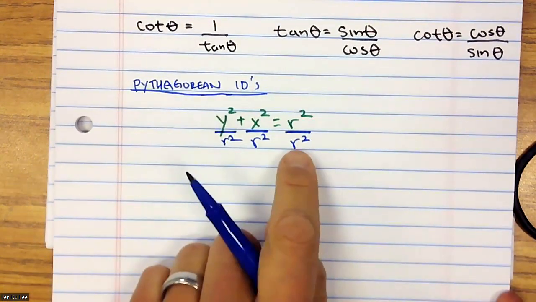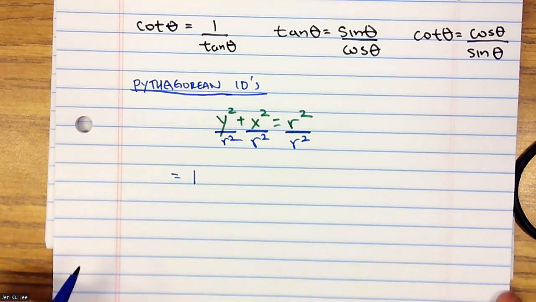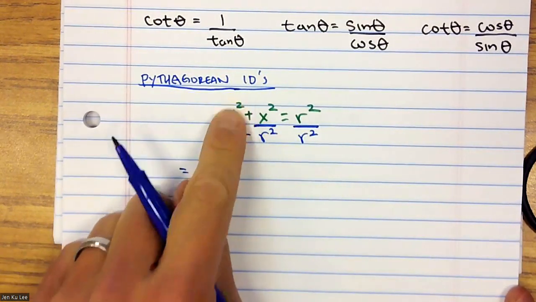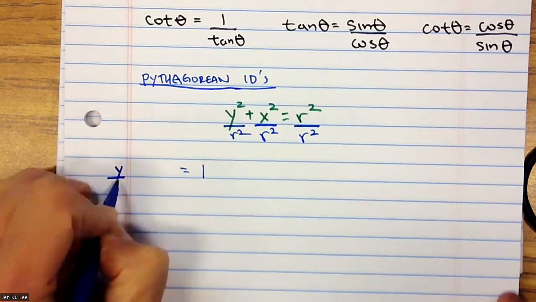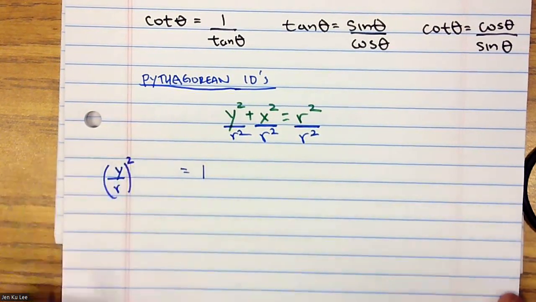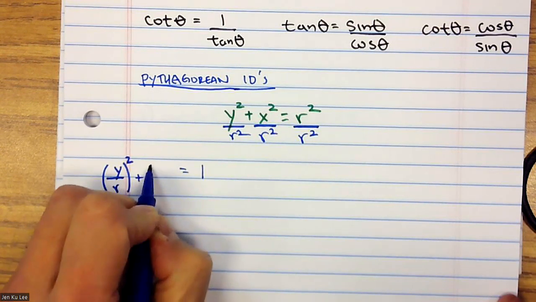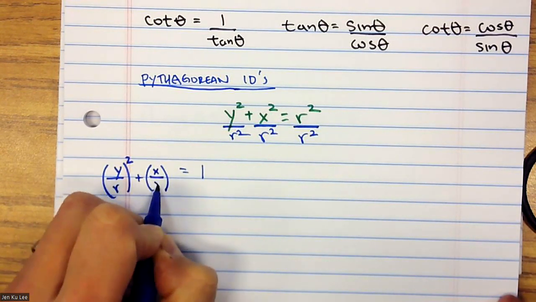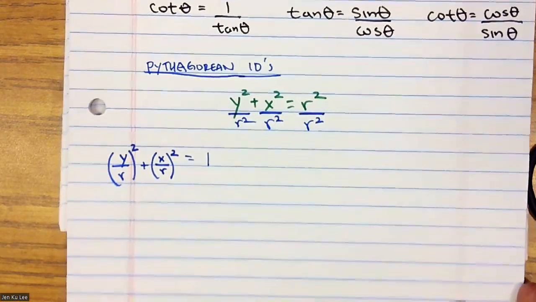If I divide r squared by r squared, that equals 1, correct? Y squared over r squared, I can rewrite as y over r quantity squared. Plus, I can rewrite x squared over r squared as x over r quantity squared, right?